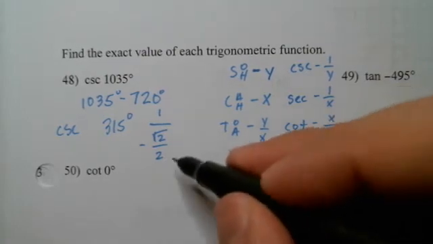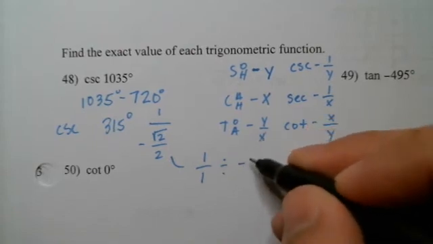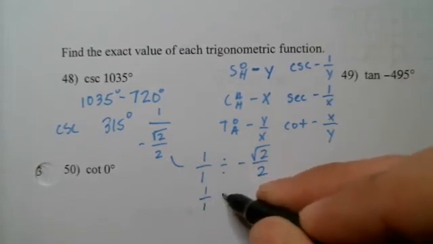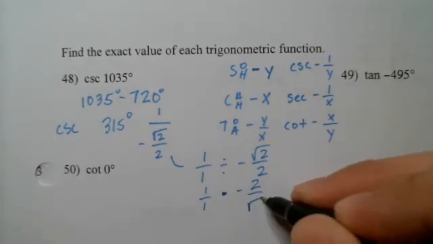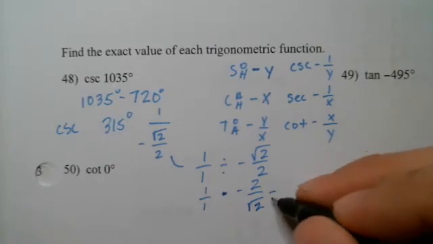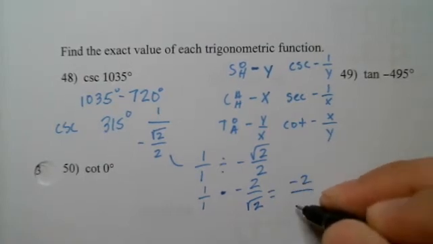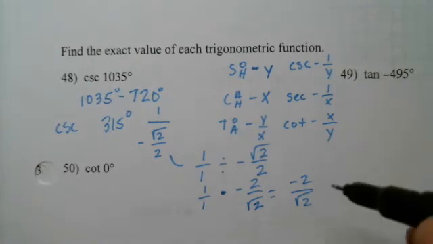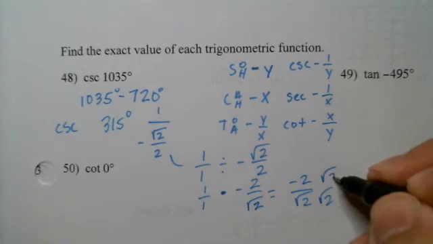But then I just need to clean this up by saying like 1 over 1 divided by negative radical 2 over 2. So keep it, change the sign, do the reciprocal. That is equal to negative 2 over radical 2. But can I keep that answer as radical 2 in the denominator? No. Cannot. Multiply top and bottom by radical 2.